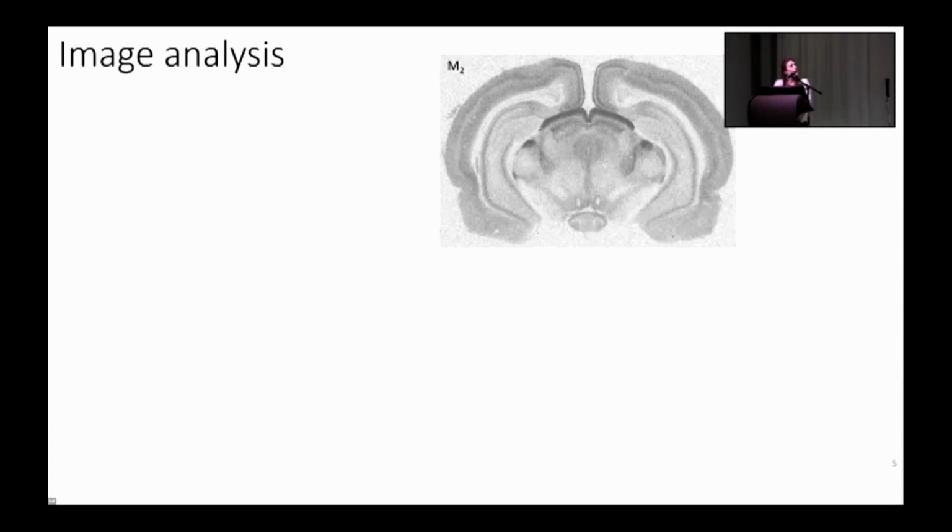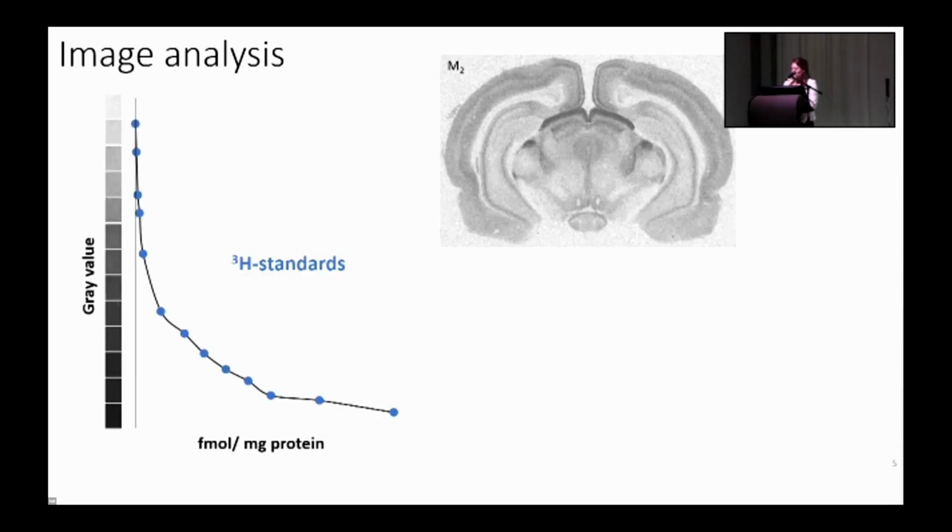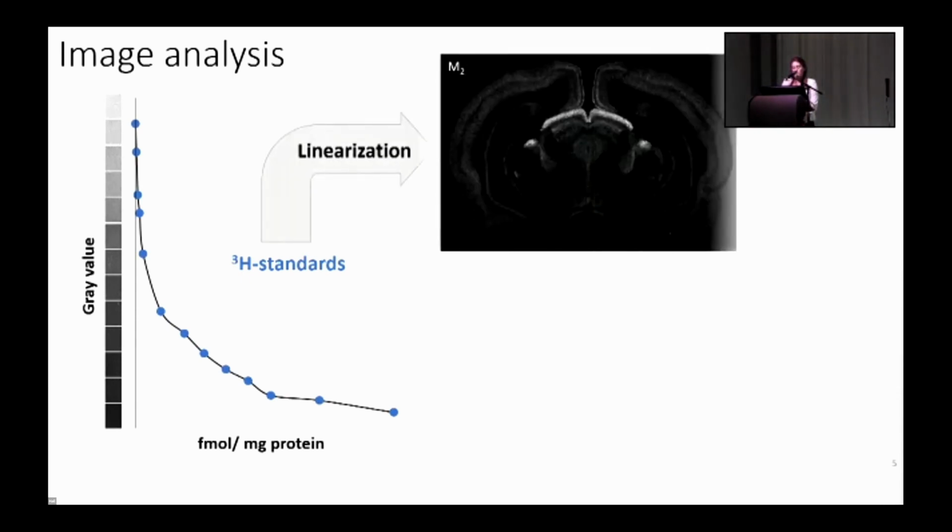Within these autoradiograms, the relationship is not linear, so we have to co-expose tritiated microscales with known concentration of radioactivity in femtomole per milligram protein. And these microscales are used to compute a regression curve for the linearization of these autoradiograms.